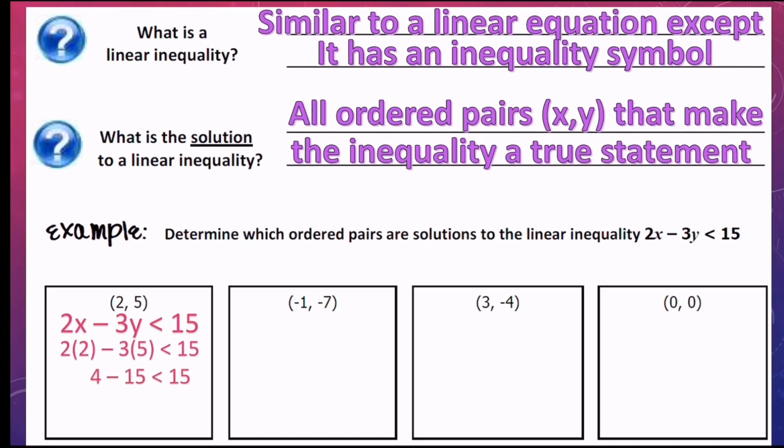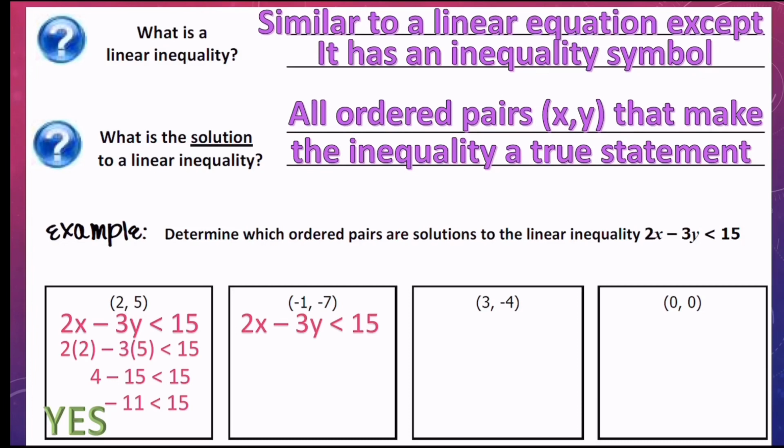I do my math, so 2 times 2 is 4, 3 times 5 is 15, 4 minus 15 is negative 11. Is negative 11 less than 15? It is, so that means (2, 5) is a solution.